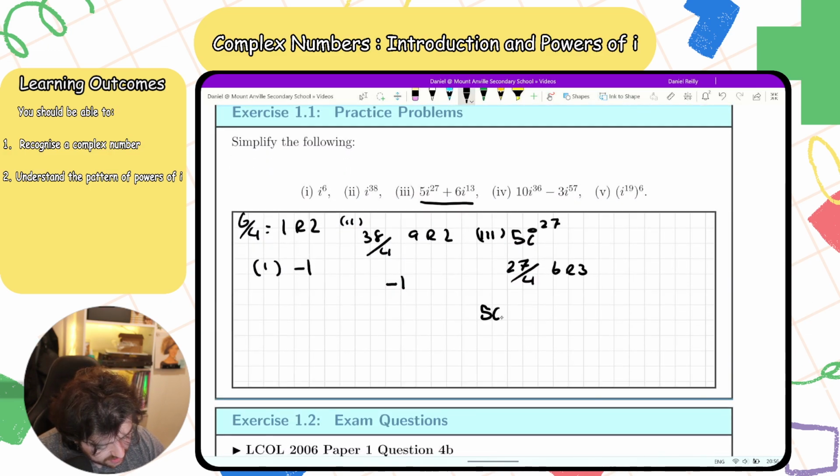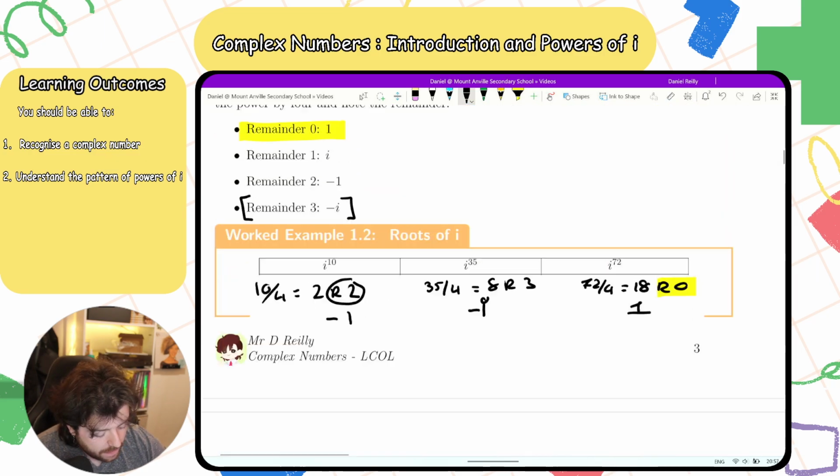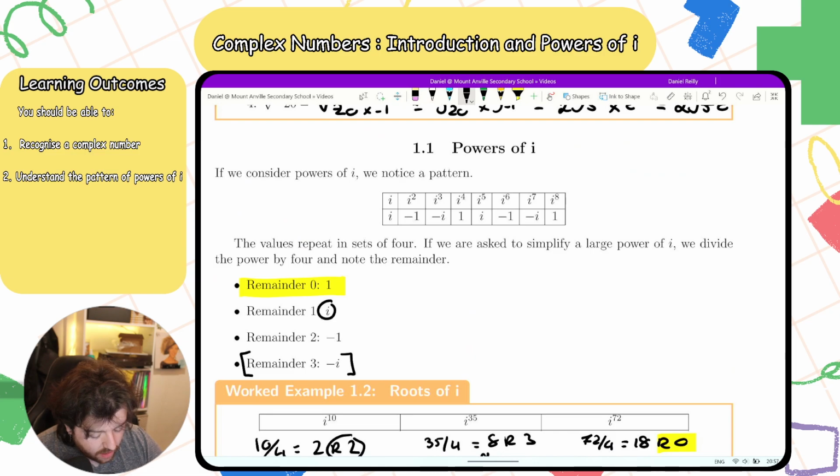So 5 times minus i, then minus 3 times, so this i to the power of 57, that is going to go to 57 divided by 4. That is going to give me 14 remainder 1, and so we have a remainder 1 that means it goes to i.